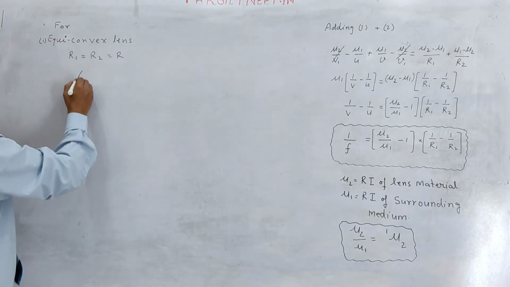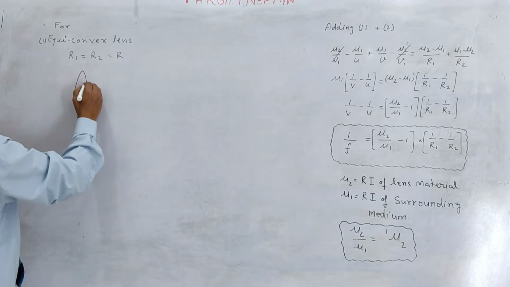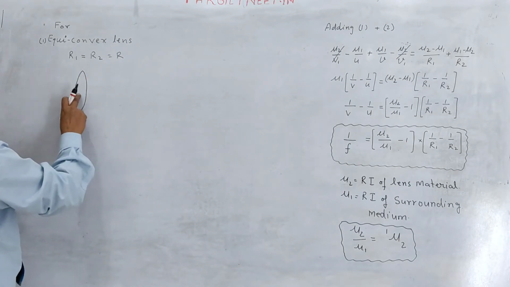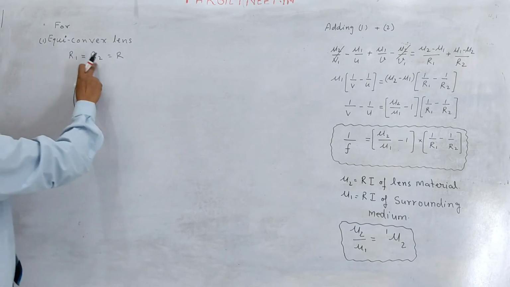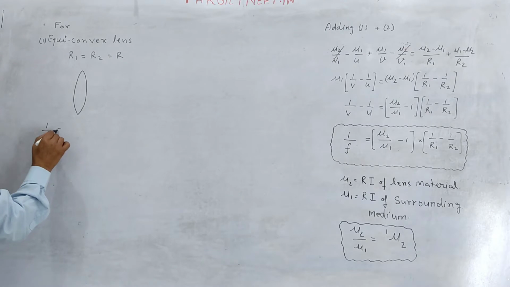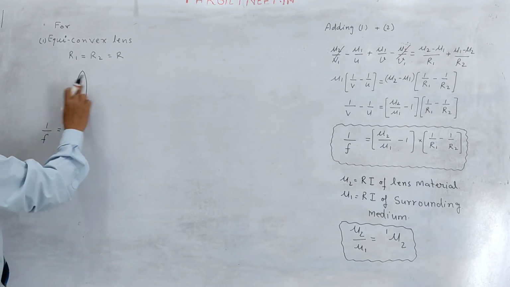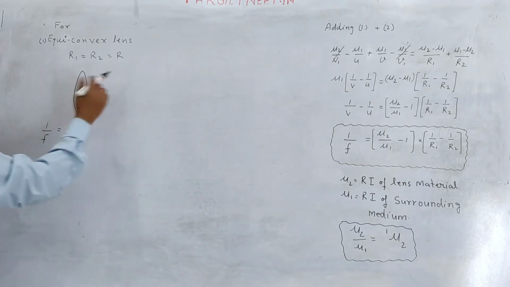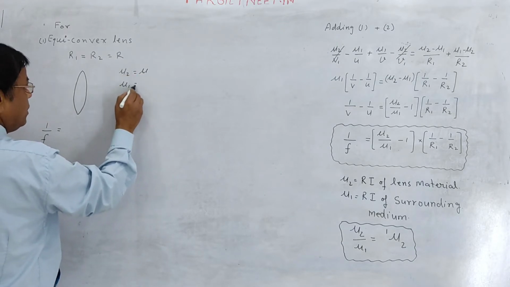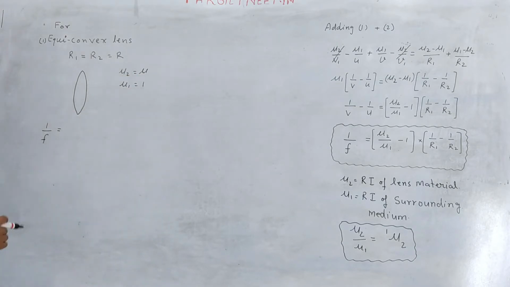So here R1 and R2 are both equal, and we know in a convex lens R1 is positive, R2 is negative. So if you write the formula for focal length, and suppose it is air, mu1 is 1 and mu2 is mu. So mu2 upon mu1 will be mu.